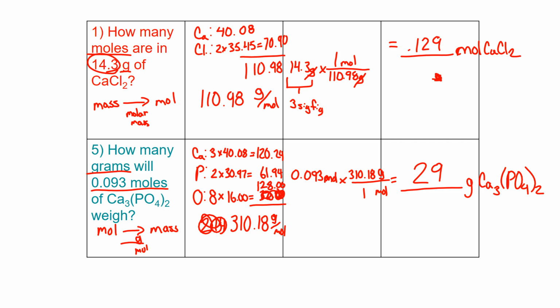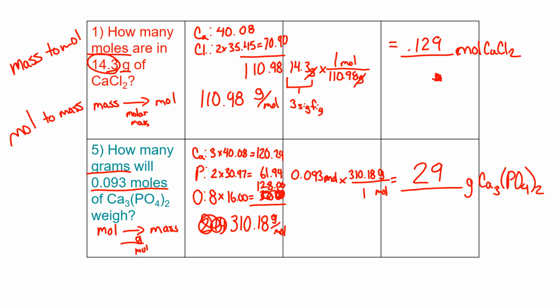All right. So those are examples of one-step conversions where we're going from mass to mole, or mole to mass.